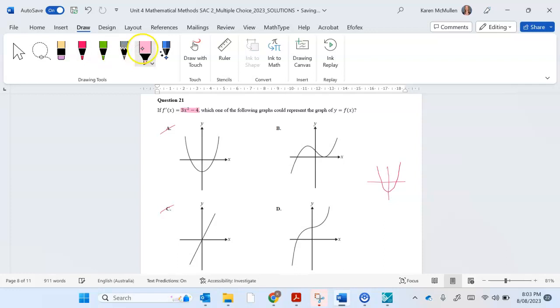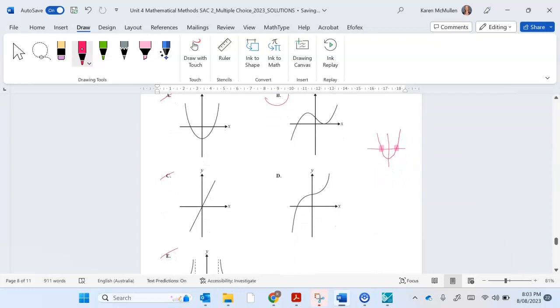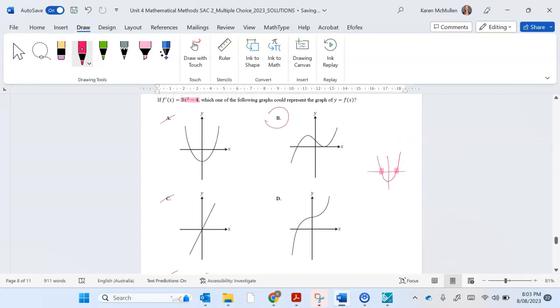So that means it's got 2 stationary points. So it has to be B. You don't even have to find the antiderivative and then sketch it. These sorts of questions you should be doing very quickly. Eliminate which ones it's not, and then think of features of your derivative which tell you about your original function.